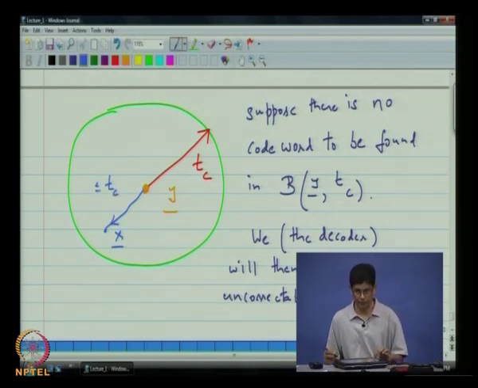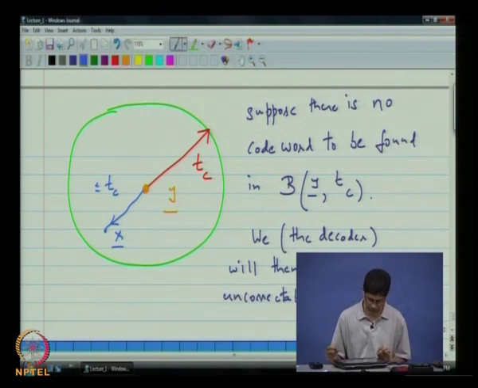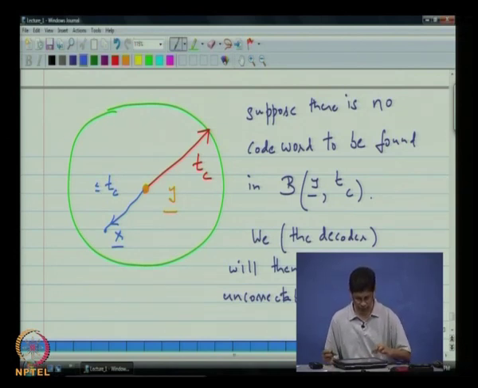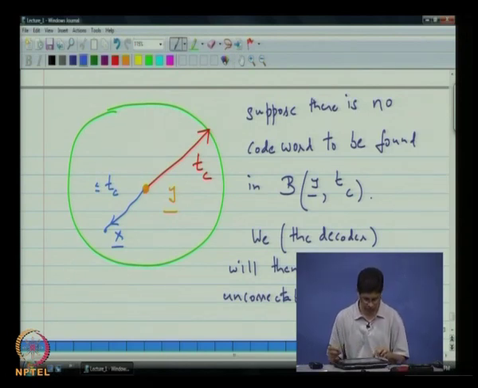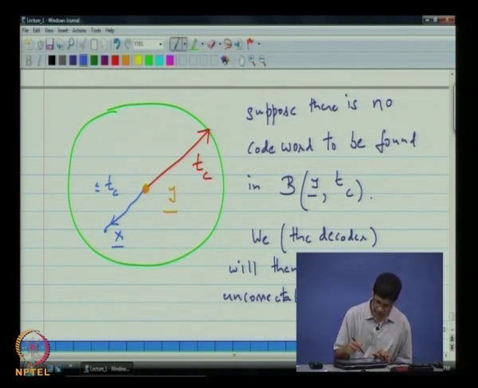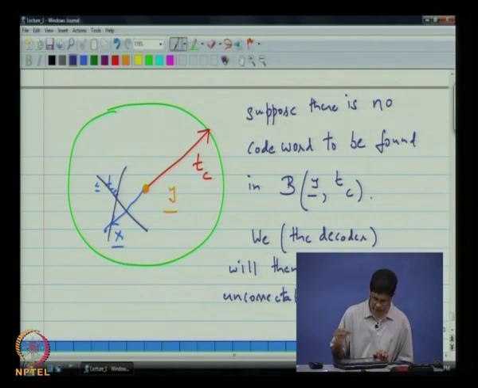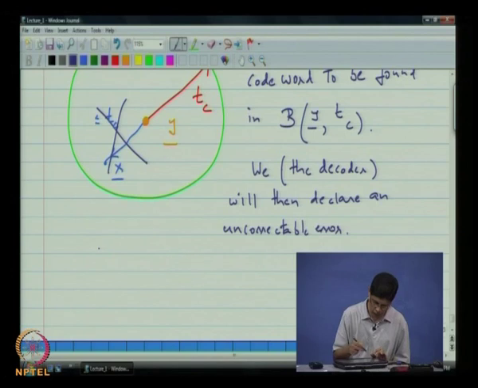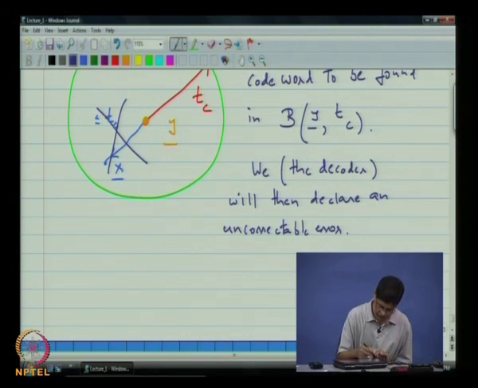But that is clearly not possible, right, because we started off, we looked at the ball, we found that there was no code word in there. So, there is no question of there being this other possibility. I have drawn this, but I am going to quickly rule this out just to emphasize that this situation is not possible, and clearly we cannot go wrong. So, the conclusion is that we cannot in this case go wrong.